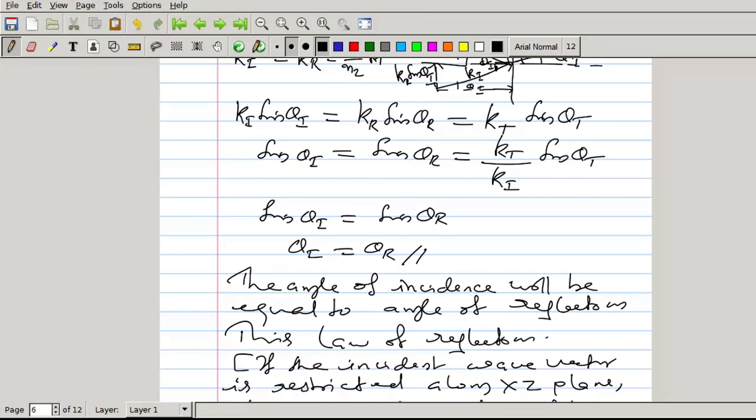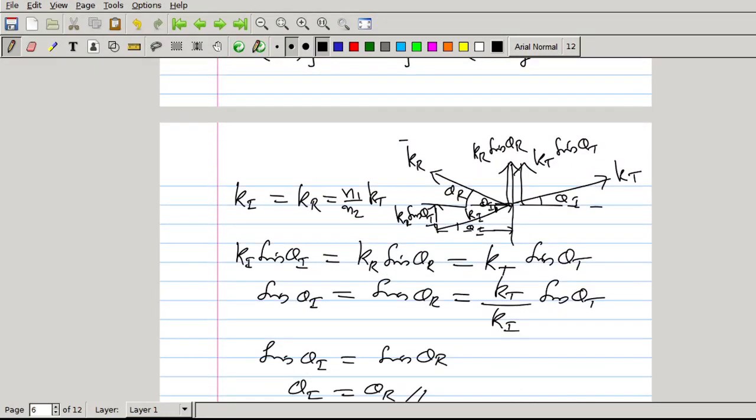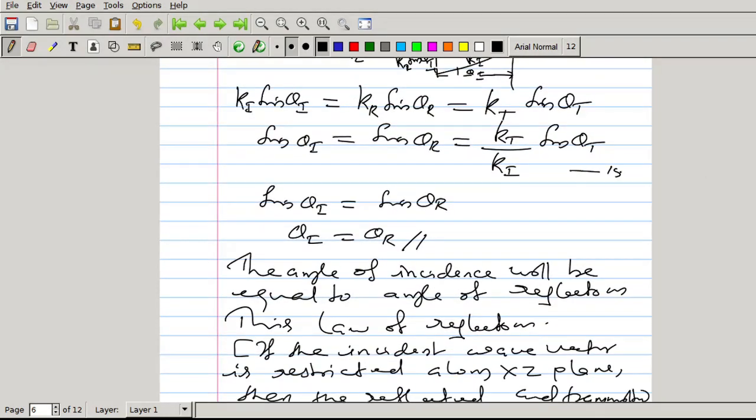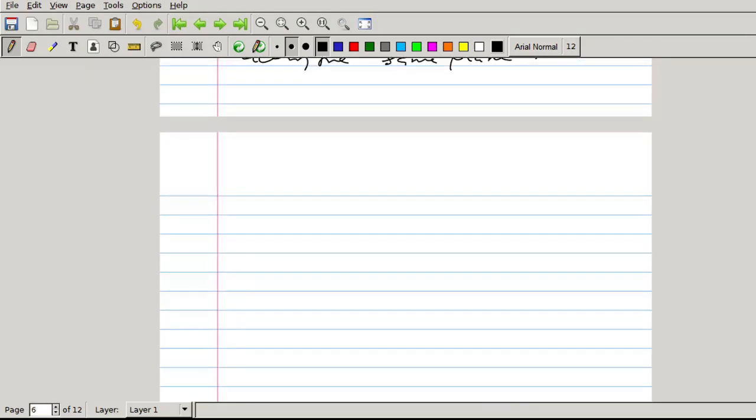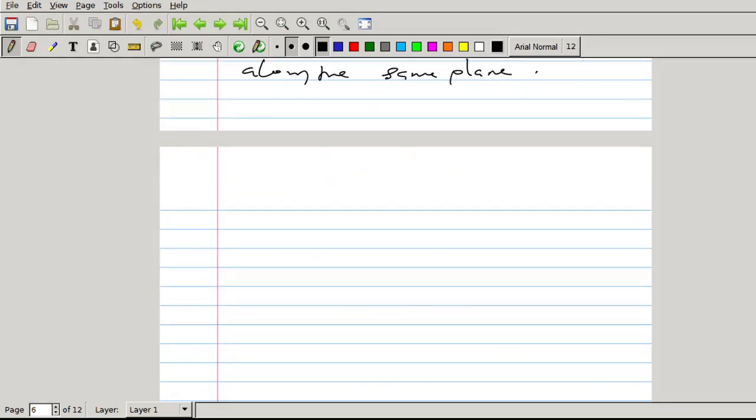In a similar way, from sine theta I equal to kt by ki into sine theta t, this is equation number 15. Equating sine theta I to the last part, we can write sine theta I equal to kt by ki sine theta t.